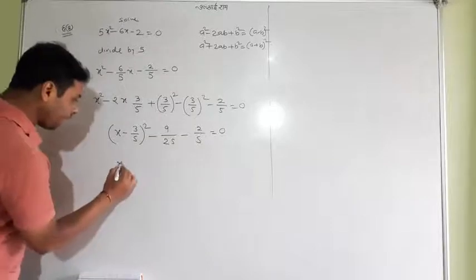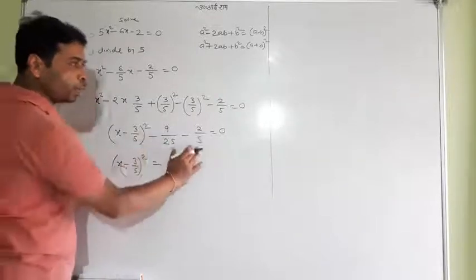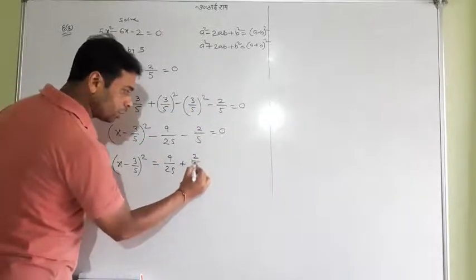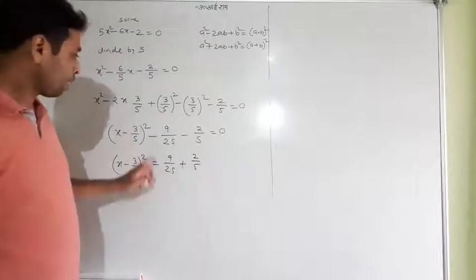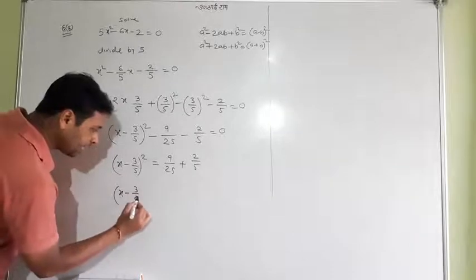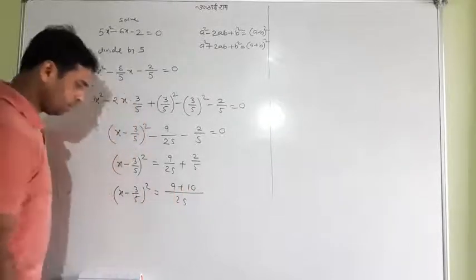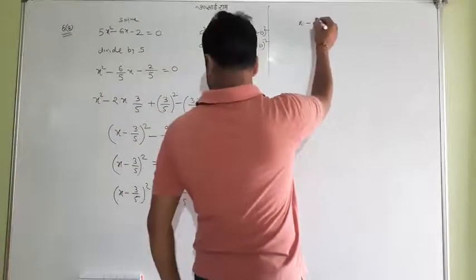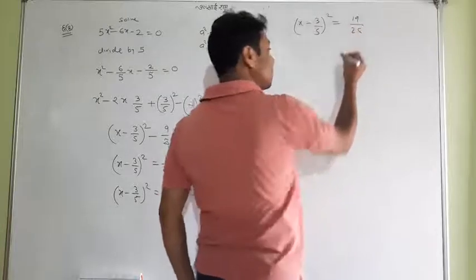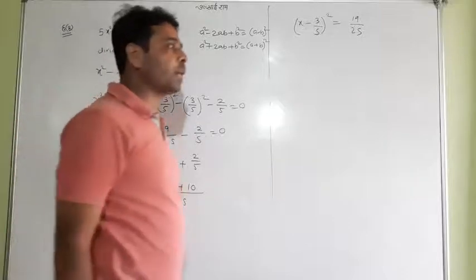Again, x minus 3 by 5 whole square is equal to, these two I transfer to that side, and both will change the sign, minus becomes plus. Now I'll take an LCM of 25, 9 and 10. So x minus 3 by 5 whole square is equal to 19 by 25.